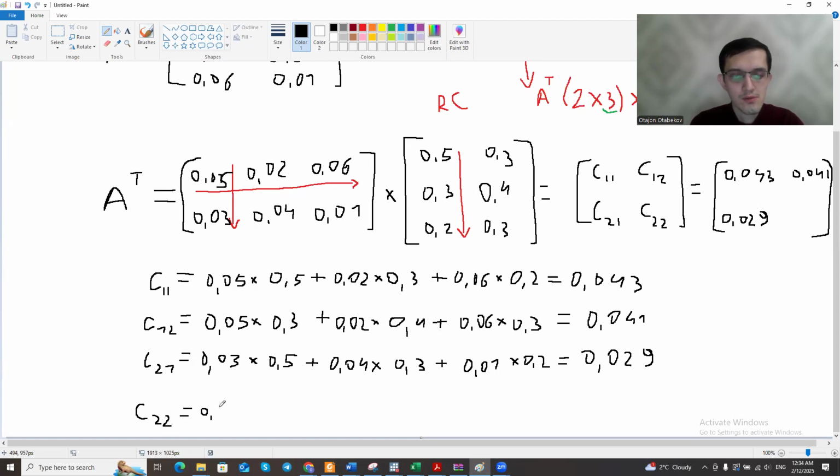Okay, the first element 0.03. I multiply it by the first element of the second column of the matrix B, which is 0.3. Plus 0.04, second element of the second row of the matrix A transpose, multiplied by second element of the second column of matrix B, which is 0.4 itself.